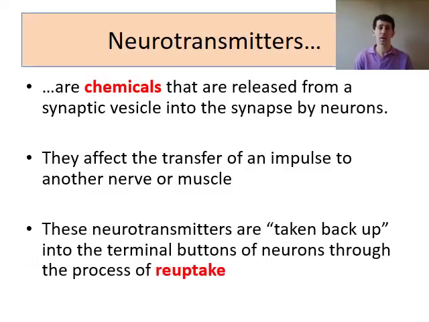A neurotransmitter is always reabsorbed. They're taken back up as soon as they've done their job. They're reabsorbed by the presynaptic membrane by a process called reuptake, and those neurotransmitters can then be used the next time an impulse arrives at the presynaptic membrane.